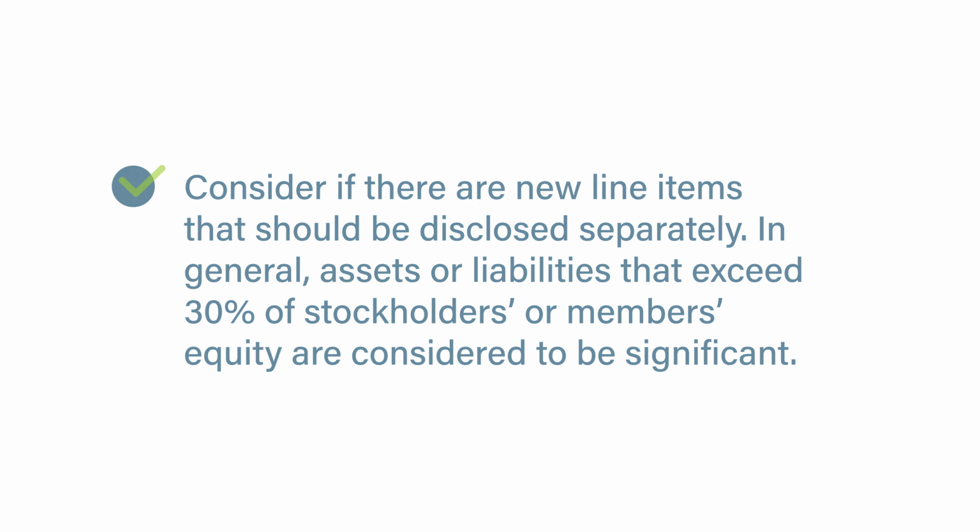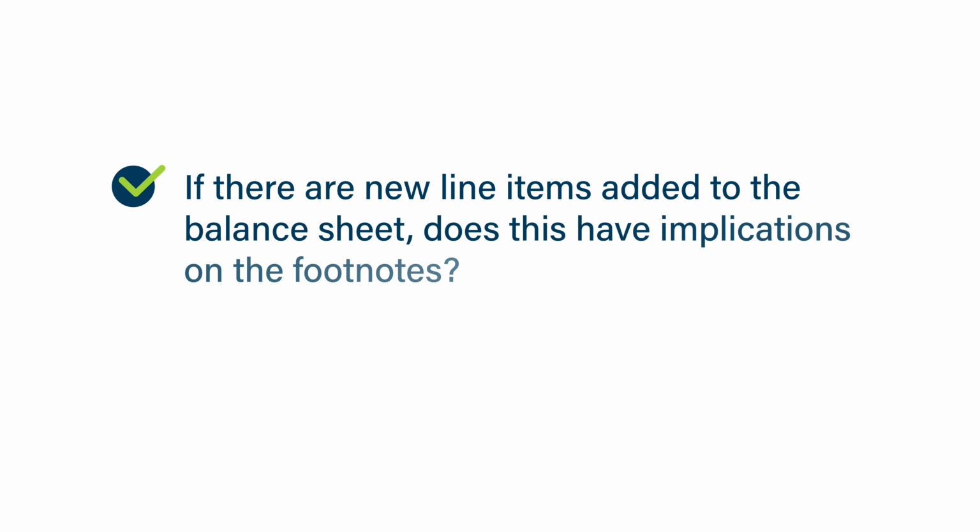Jumping down to bullet 3 here, and this really goes off of what I mentioned at the top of the session, there are new line items that are added to your balance sheet. You want to think, does this have any implications on my footnotes? For instance, you need to add a paragraph or some description in your summary of significant accounting policies about that new line item.